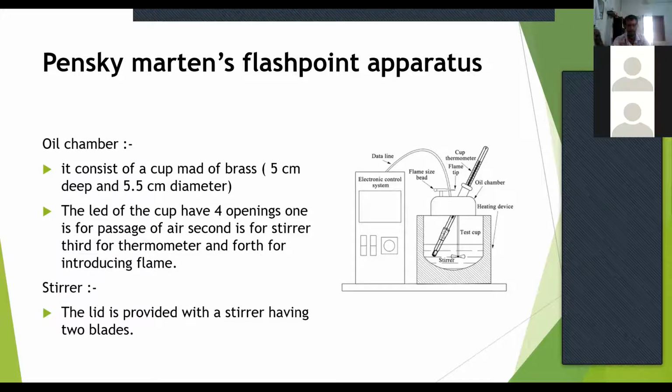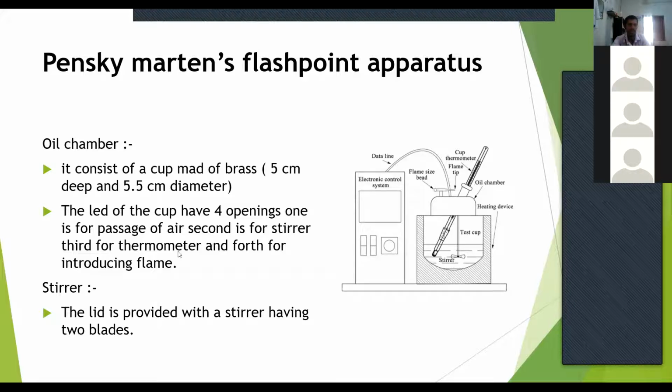But if we want to check, after reaching a certain temperature, whether it has reached the flash point, we have to open it and introduce the flame. Then only can we check. So when we open, two holes will be open: one for air passage, the other for introducing the flame.